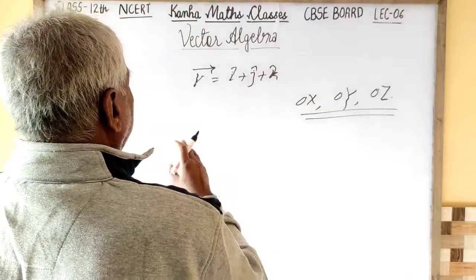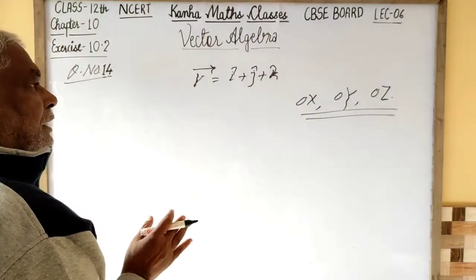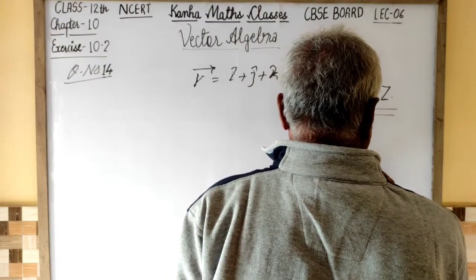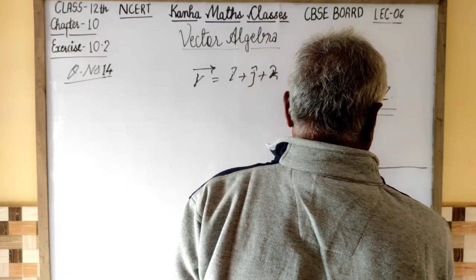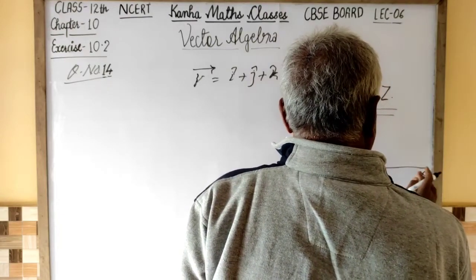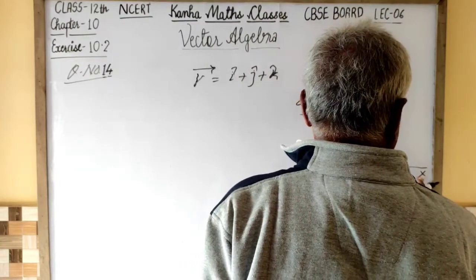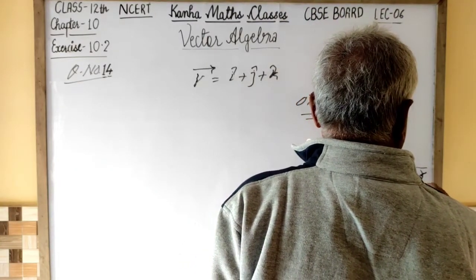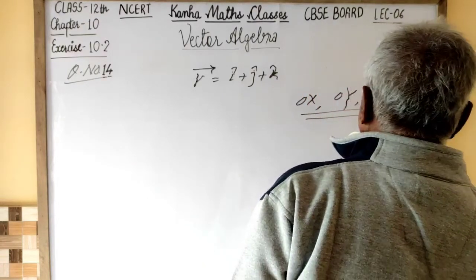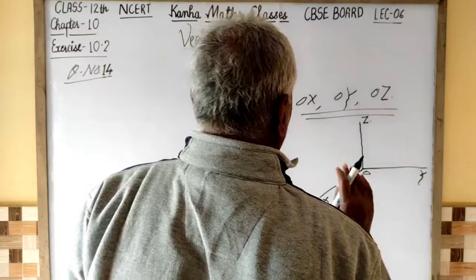Here we have to prove that the vector is equally inclined to the axes OX, OY and OZ.